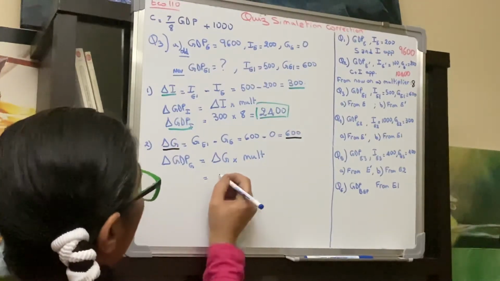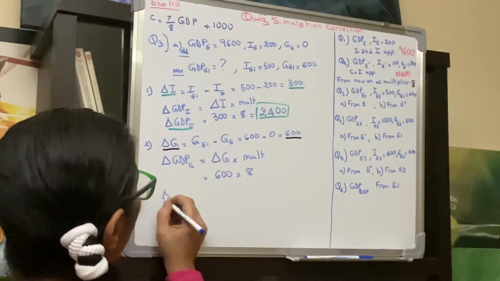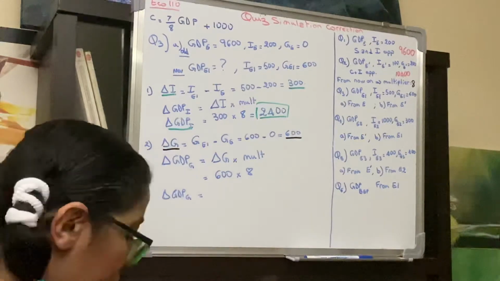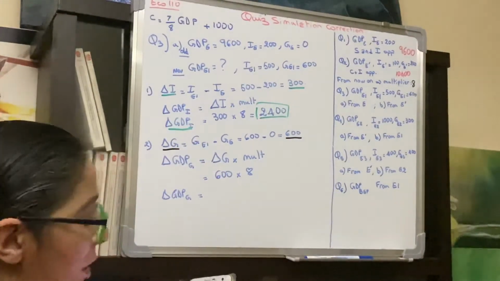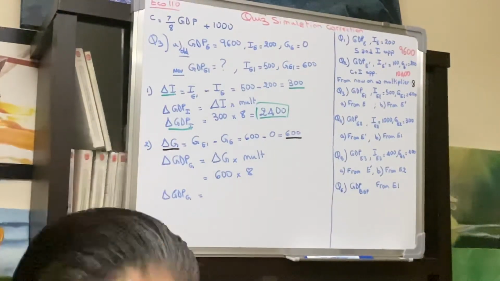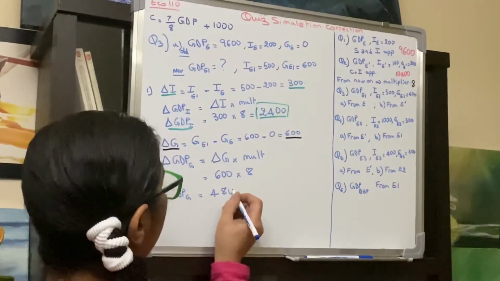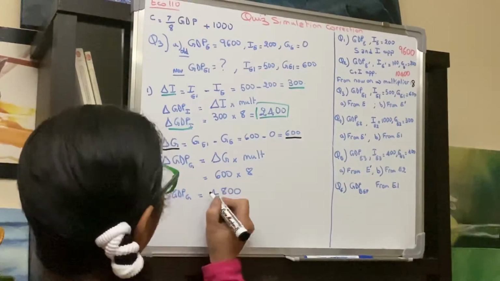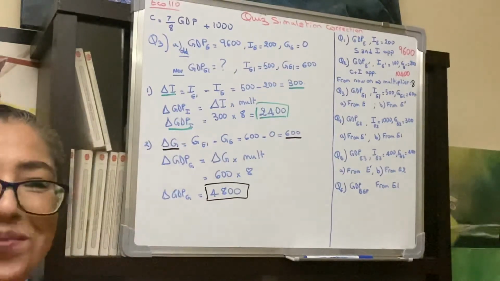So it's equal to 600 times 8. So delta GDP due to G is equal to 600 by 8, which is 4,800. And this is your result for the delta GDP due to G.